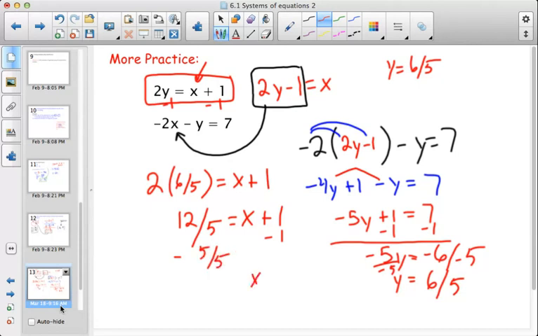My x value is then equal to 7/5. So we got y equals 6/5 and x equals 7/5. Which, as I know, is not a very nice number, but sometimes your answers aren't so nice.